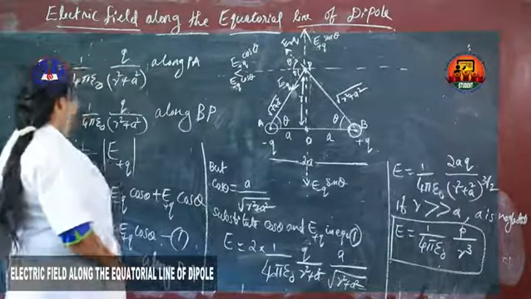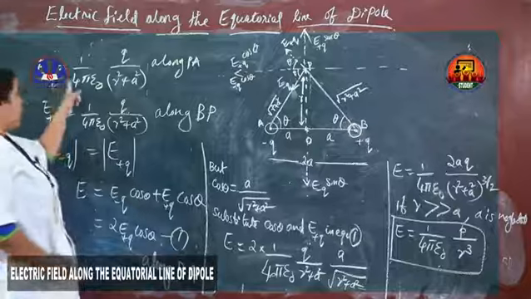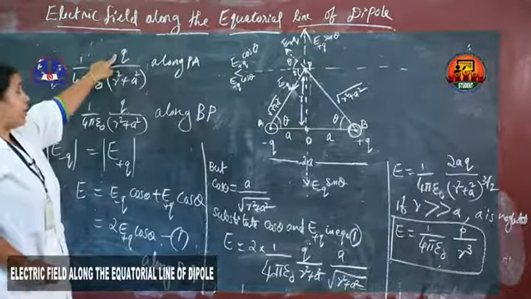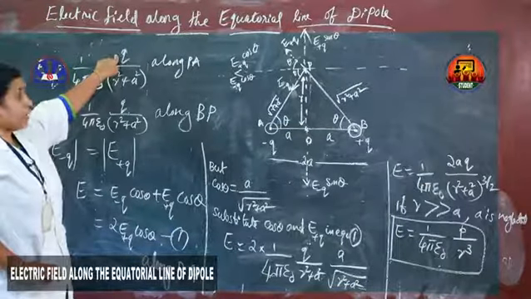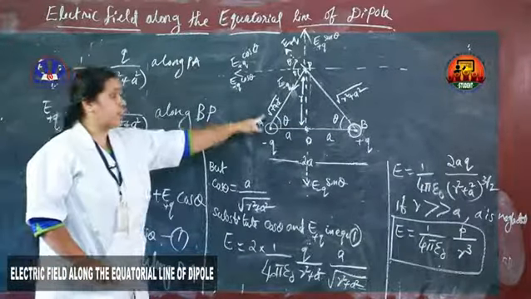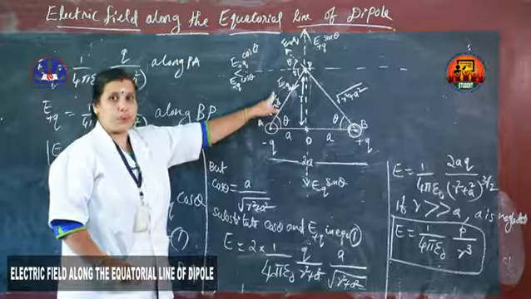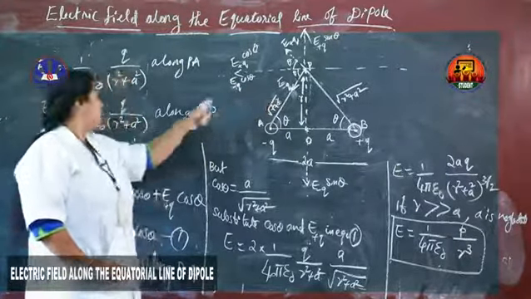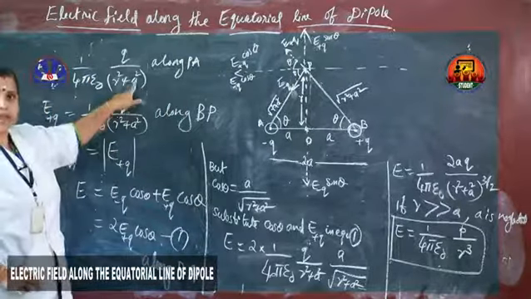We can write E minus Q equals 1 by 4 pi epsilon 0 Q by r square. Here instead of r square, the distance is root of r square plus a square, and the whole square of root of r square plus a square becomes r square plus a square.